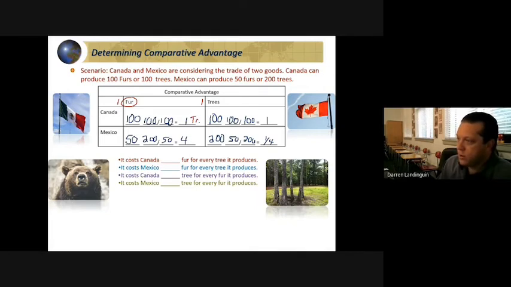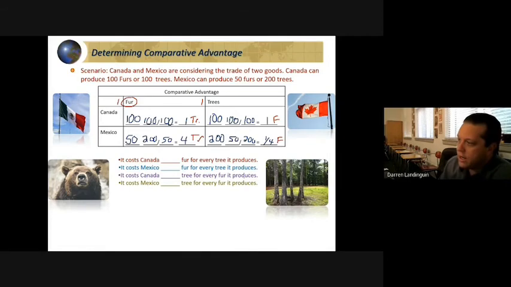And again, if we're looking at 1 tree over here on this side of the table, the opposite would be below it. So every time Canada produces 1 tree, they give up 1 fir. And again, for Canada, it's a 1 for 1, so that one's real easy for you to analyze. Mexico, every time they put their resources toward fir production, it costs them 4 trees. And for Mexico, every time they go and cut down a tree, it only costs them 1/4 of a fir.